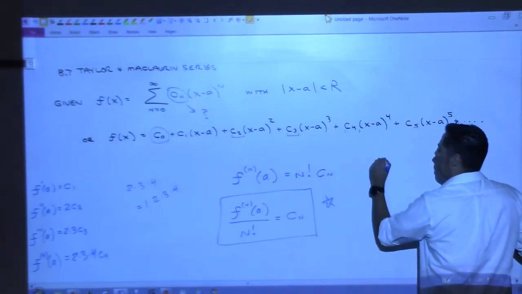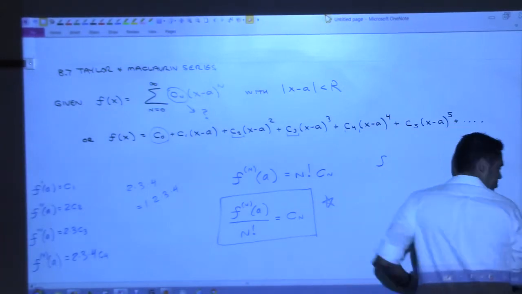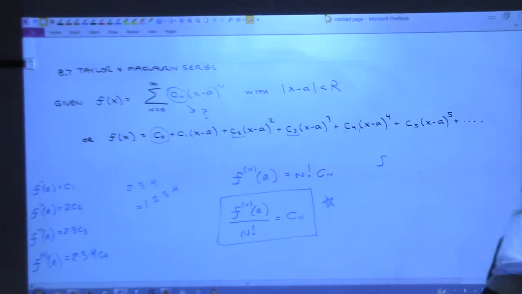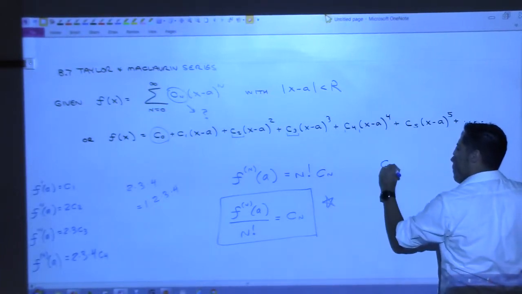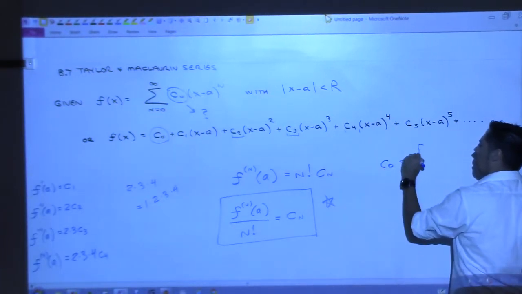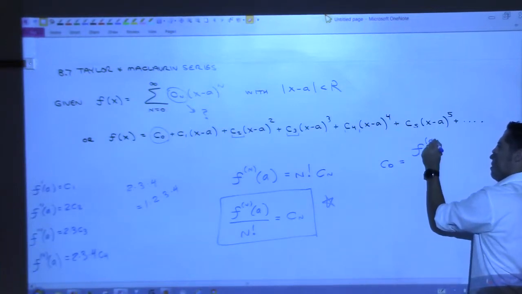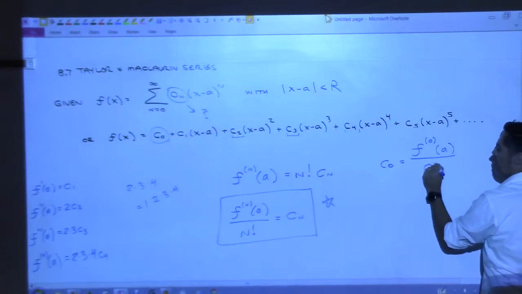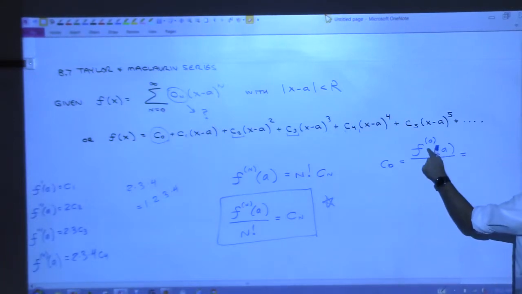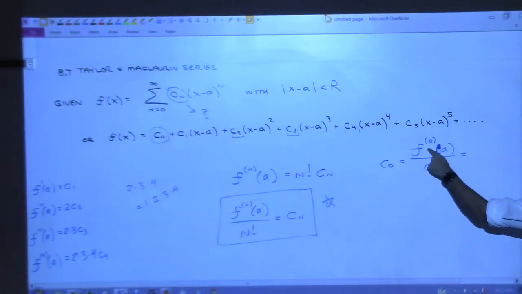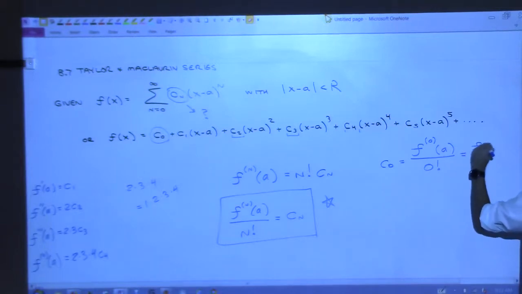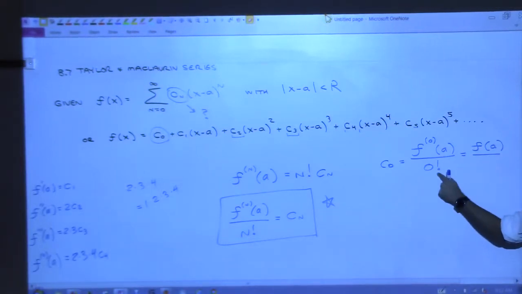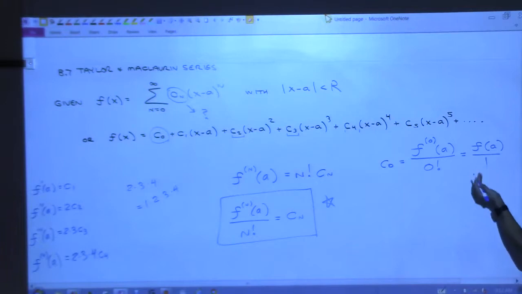According to our formula, C sub 0 should be equal to the 0th derivative of the function at a over 0 factorial. Now, the 0th derivative means don't take the derivative, all right? So this is just the function at a, and 0 factorial by definition is 1, all right? So this is just f of a.